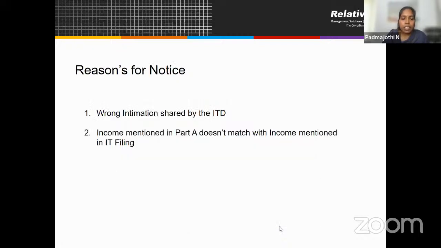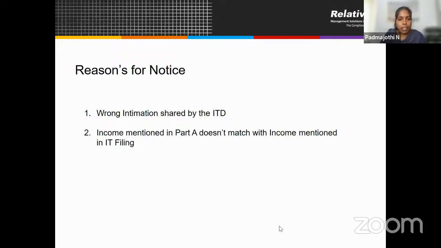Sometimes, in the last year, we faced a lot of challenges with employees while filing their IT returns, because in Part A we had provided the tax credit and it was reflecting in their 26AS also. But in ITR 1, the value is automatically filled from the 26AS. The data will be automatically pulled from TRACES and taken for the IT filing. There, the value will be less.